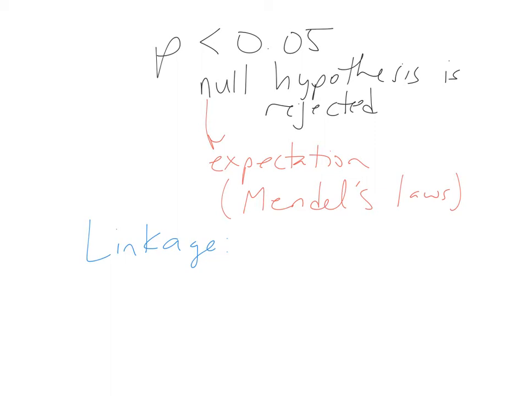They're unlinked. He would say they should assort independently, Mendel's second law. So for linkage, the expectation is independent assortment, which equals two genes are unlinked, which equals how far apart are they genetically? 50 centimorgans apart. So that's all the expectation of the null hypothesis for calculating linkage using chi-square.